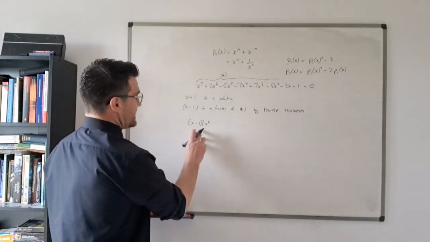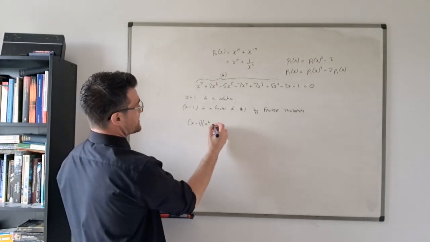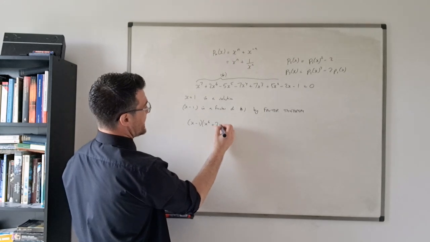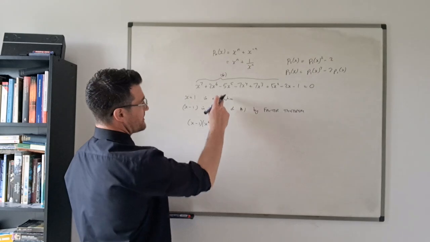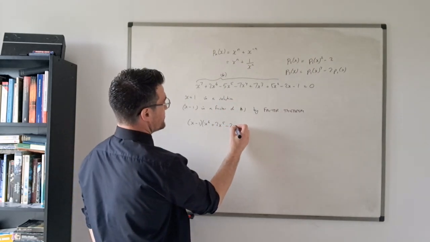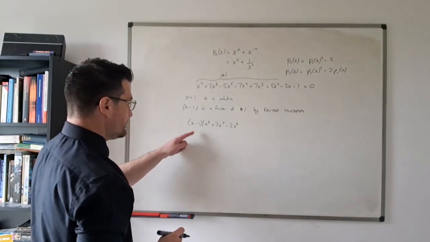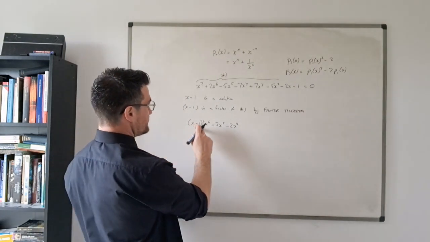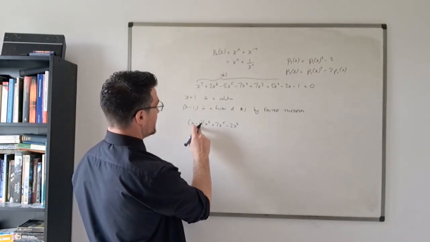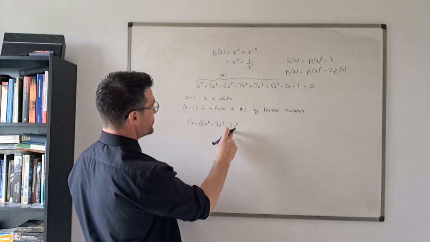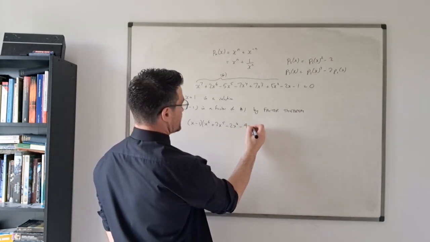So going back to this then, if I were to expand this out, I'd get minus x squared, so I need plus 3x to the power of 5. If I were to expand this out, I'd get minus 3x to the power of 5, so I need a minus 2x to the 4th. If I were to expand this out, I'd get 2x to the 4th, so I need a minus 9x cubed.